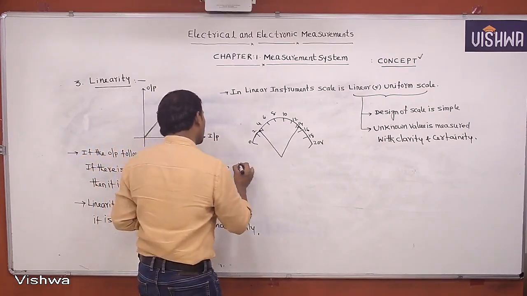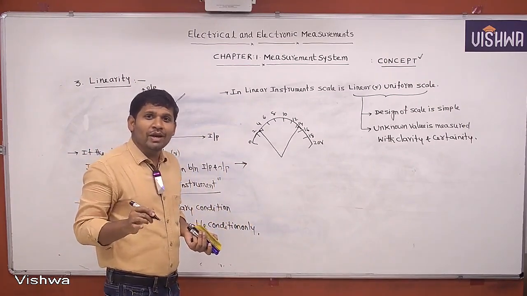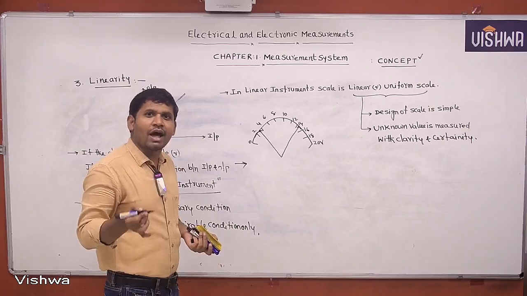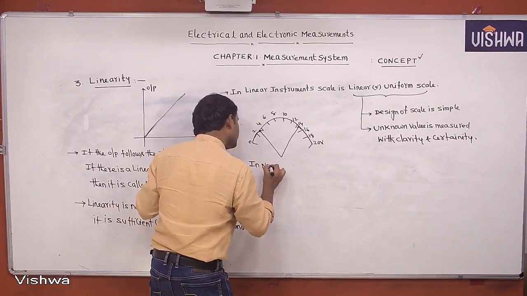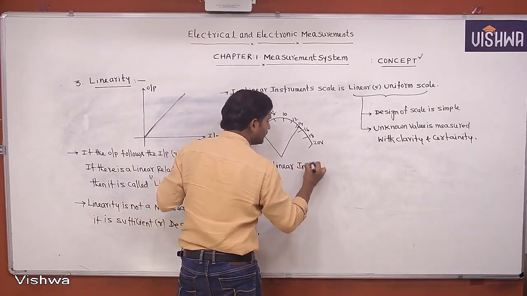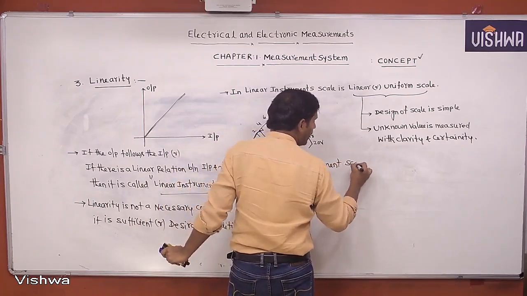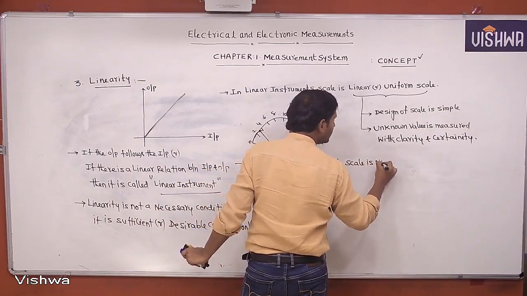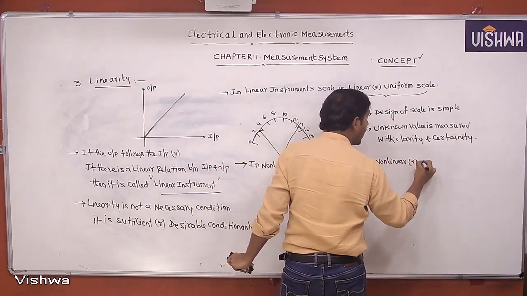But what about the non-linear instrument? In a non-linear instrument, the scale is non-linear or non-uniform. Parallel, note down: the scale is non-linear or non-uniform.